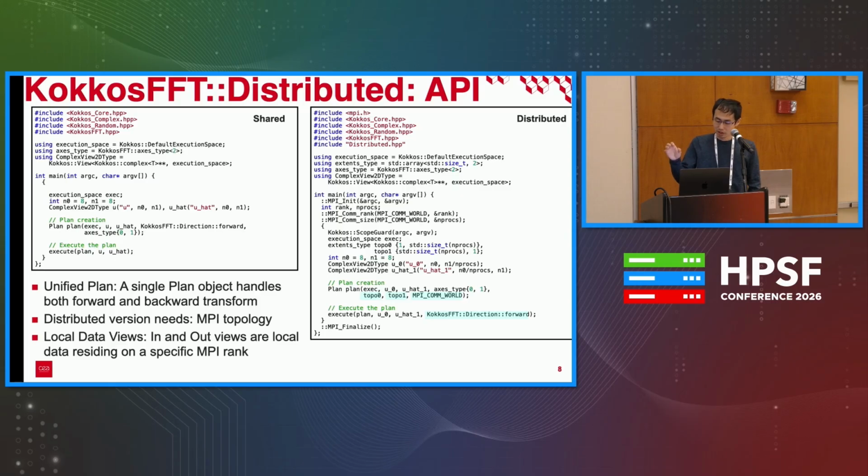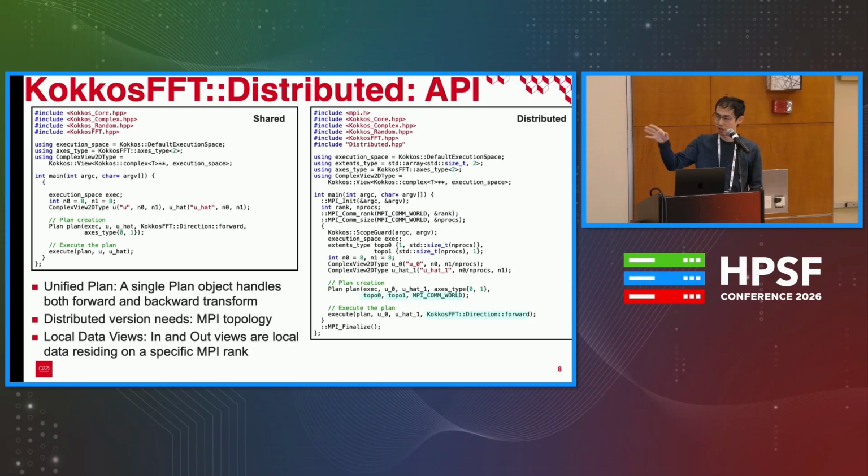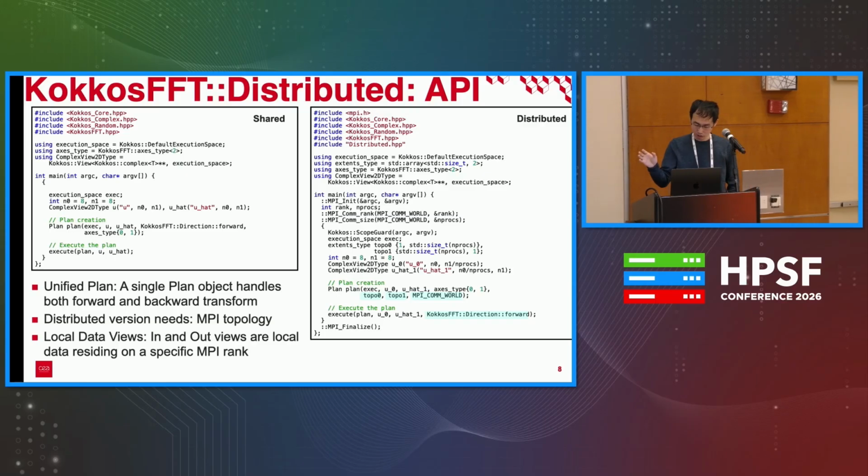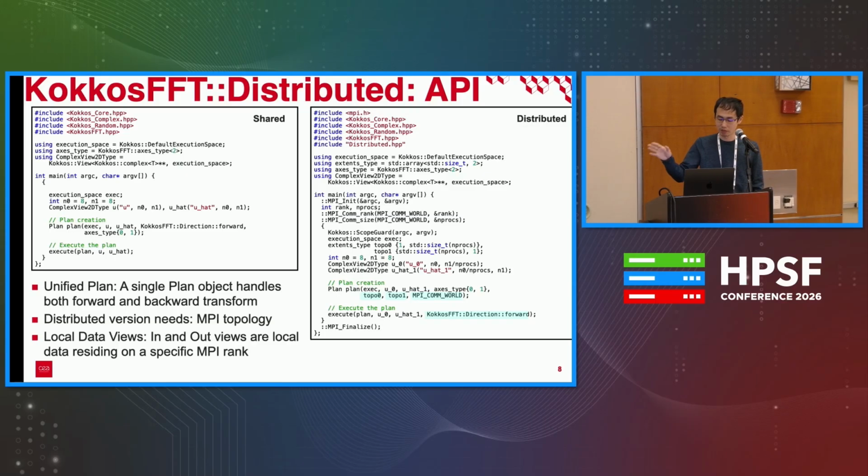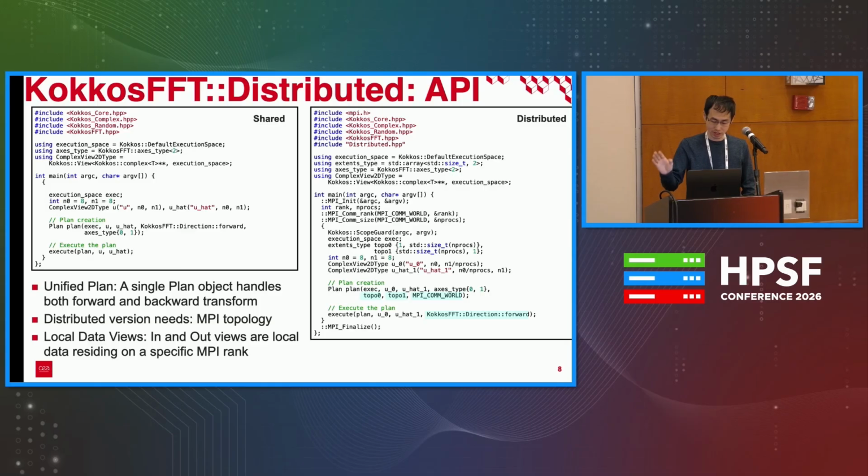Also, this plan can be reused for both forward and backward direction, because internally we have intensive memory usage, so we need to reuse as much memory as possible. So the execute API takes the FFT direction instead of the plan API, which was the case previously. But it's not that complicated.